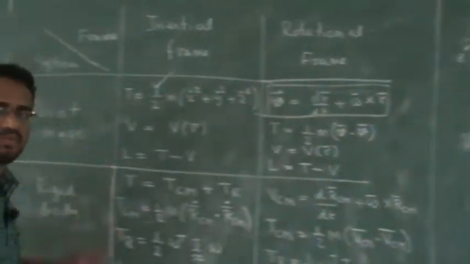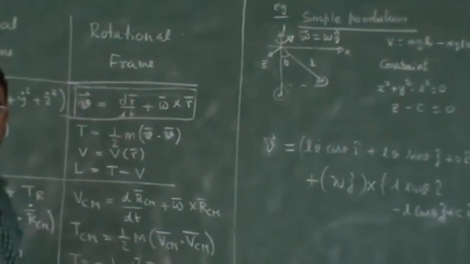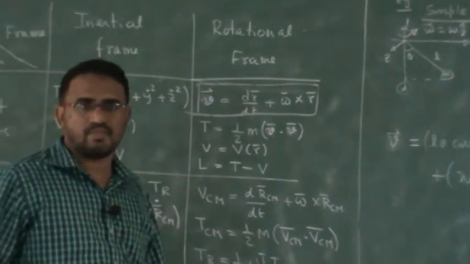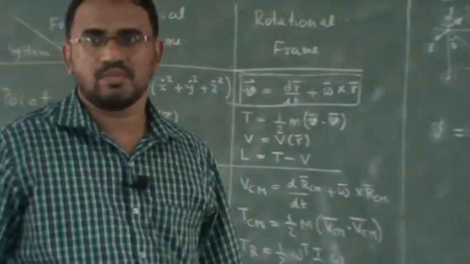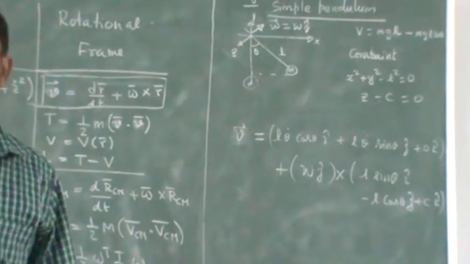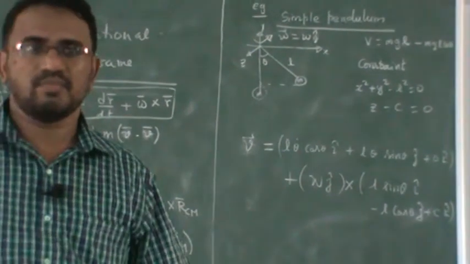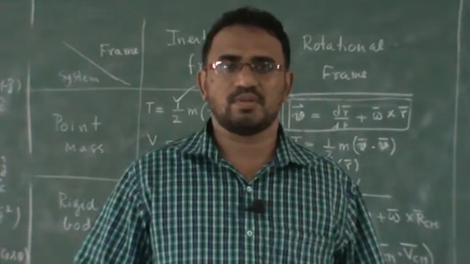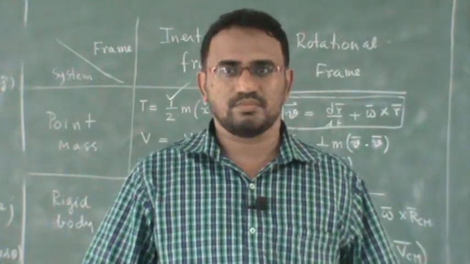The first term, dr by dt, is within the rotating frame, so to get the inertial velocity you have to use the other term also.